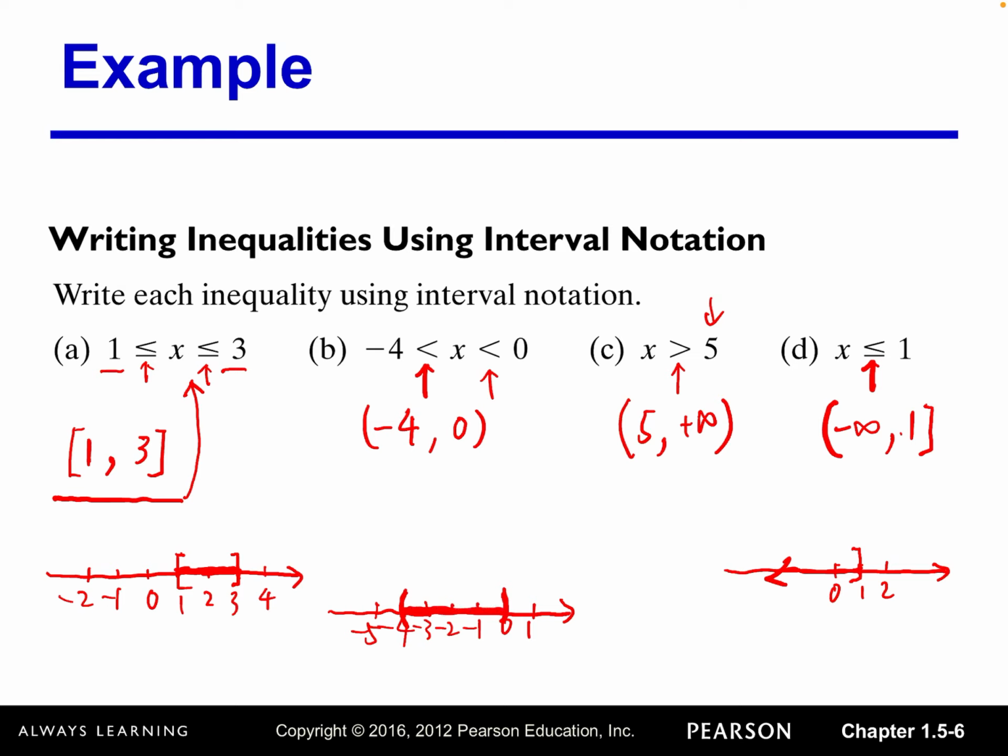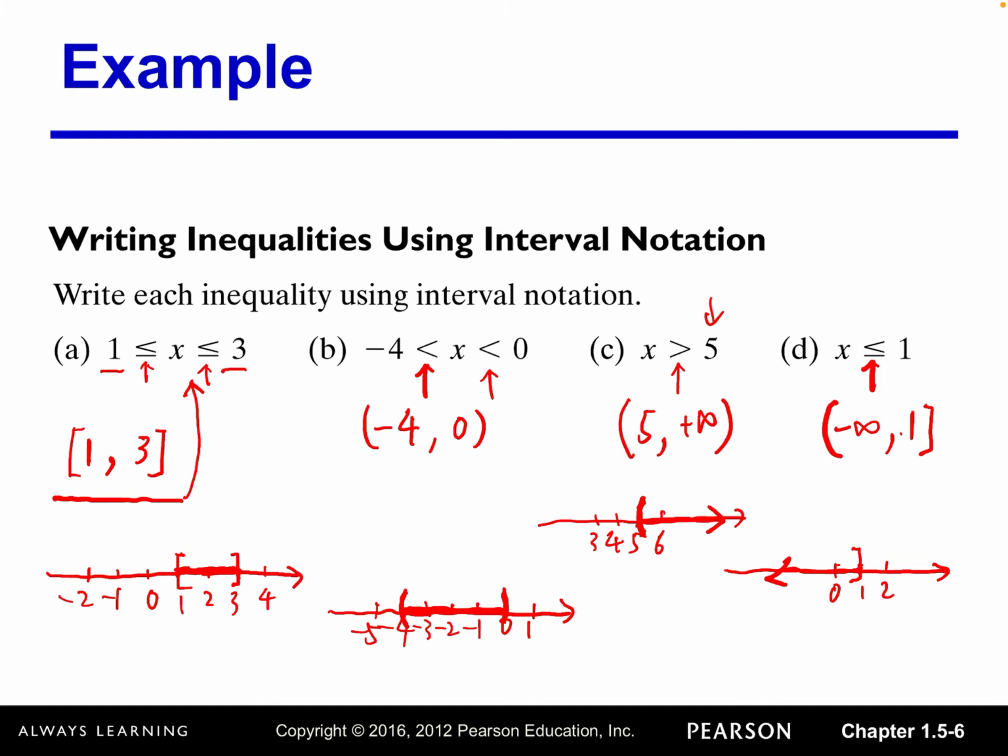That's my solution. The C is 3, 4, 5, 6 on the number line. Greater than 5, so it does not include 5, put a parenthesis, and then everything on the right-hand side. Then draw an arrow pointing to the right to indicate the numbers go to positive infinity.